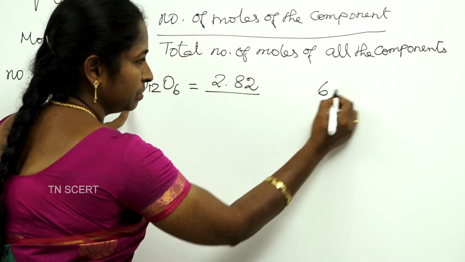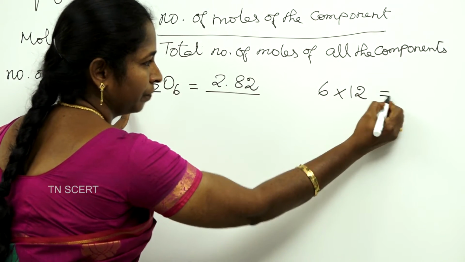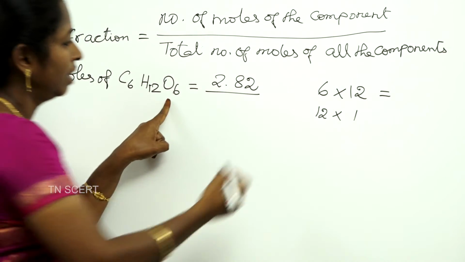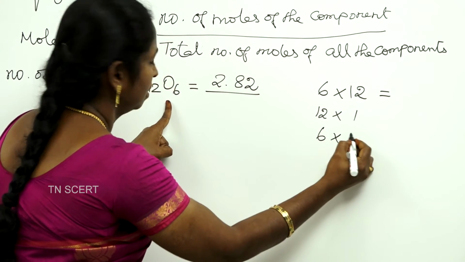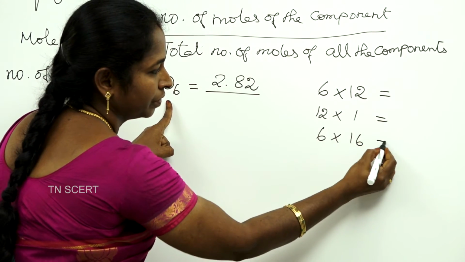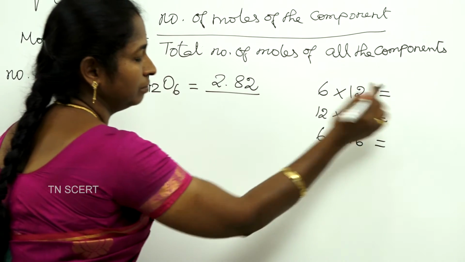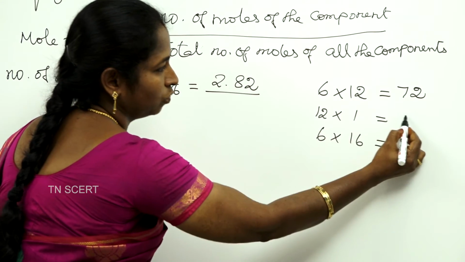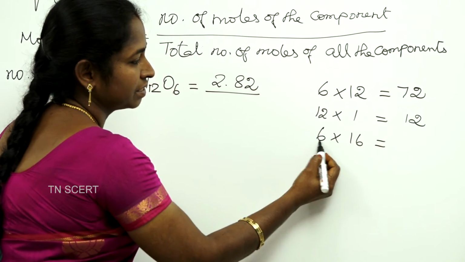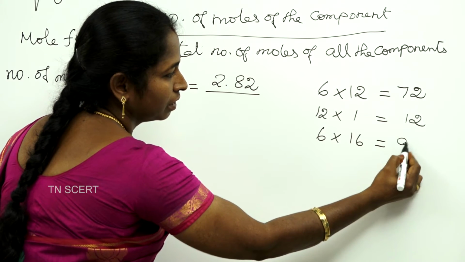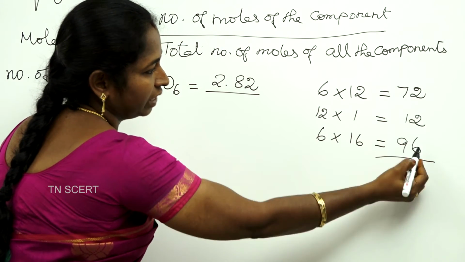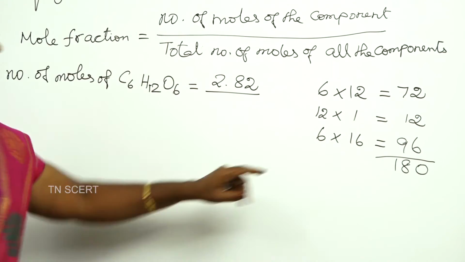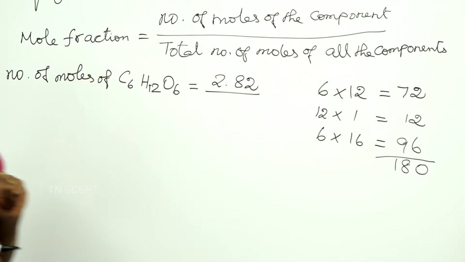So, 6 carbon atoms with the mass of 12, 12 hydrogen atoms with the mass of 1 and 6 oxygen atoms with the mass of 16. So, multiply these values, 6 into 12, 72, 12 into 1, 12, then 6 into 16, 96, add all these values, 180 is the molar mass of glucose.